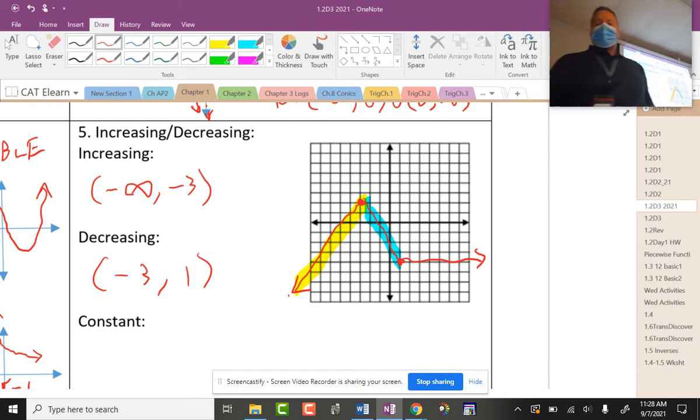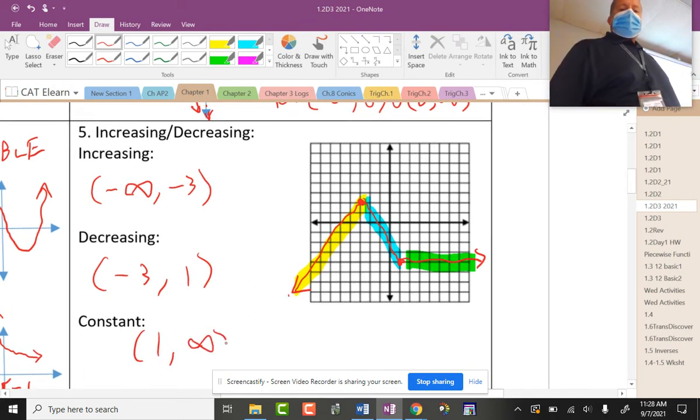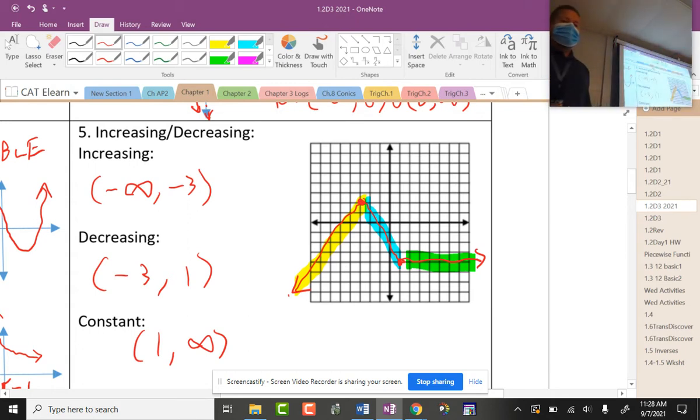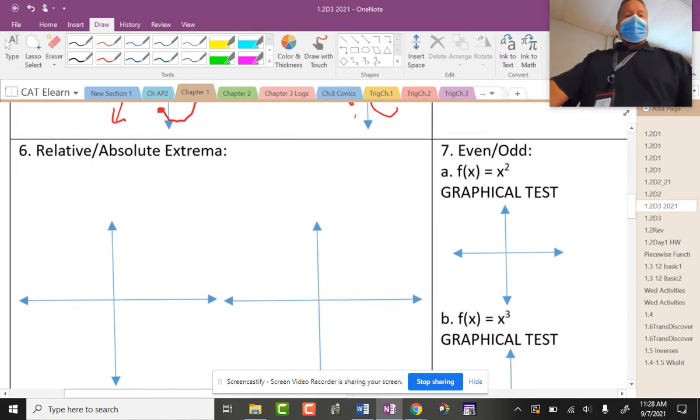And then I got green. That's constant, and that happens from 1 to infinity. So just the idea of labeling those increasing and decreasing behaviors. It's something you've done over and over again, working with Math 2ers and Math 3ers.